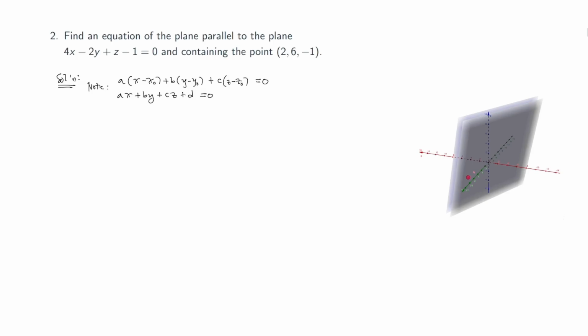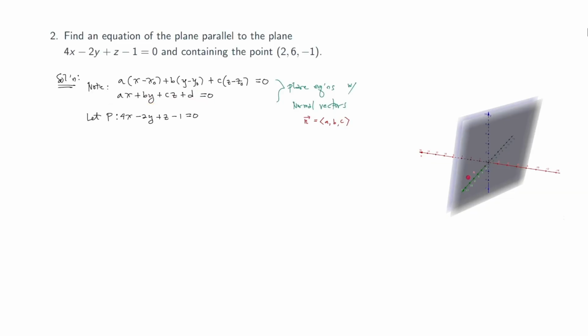In these versions, you can take the normal vector (a, b, c), where a, b, c are the coefficients of x, y, and z respectively. For this solution, we make use of the equation ax + by + cz + d = 0, this second equation.